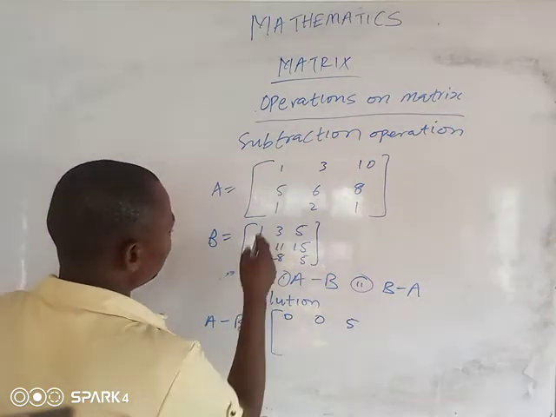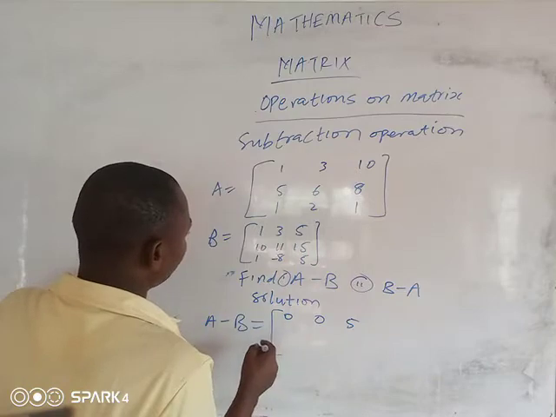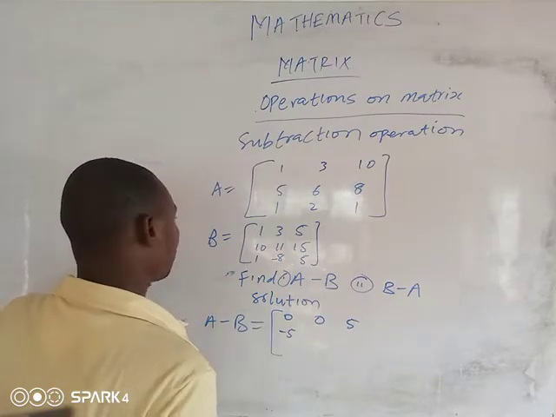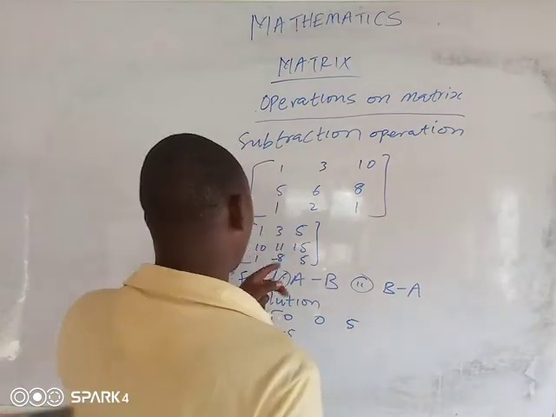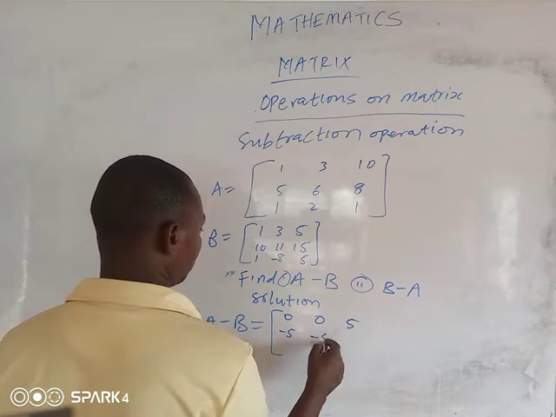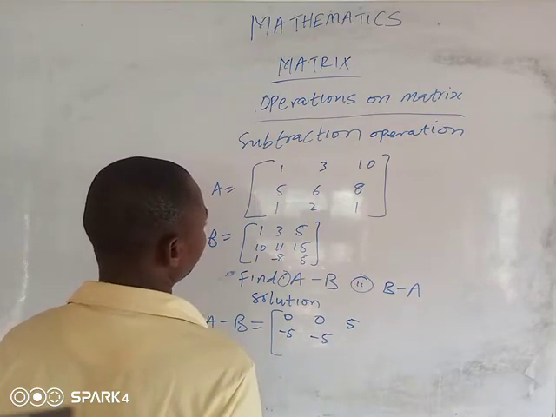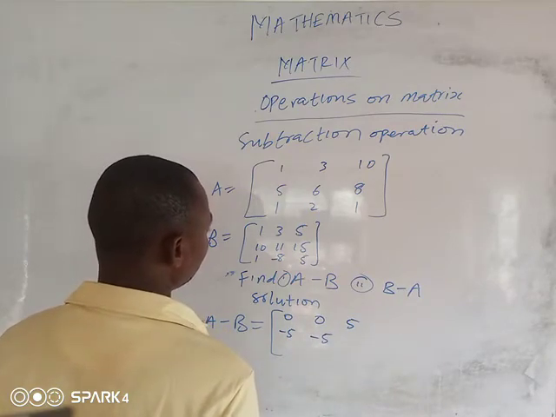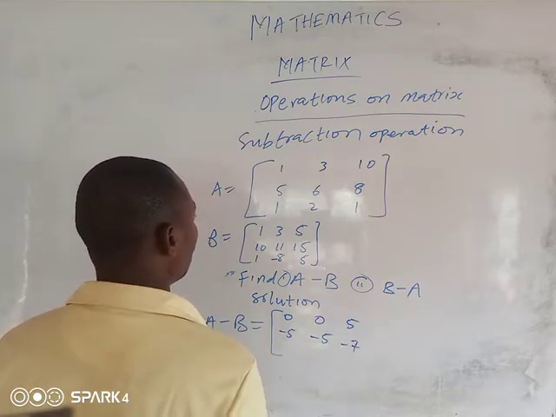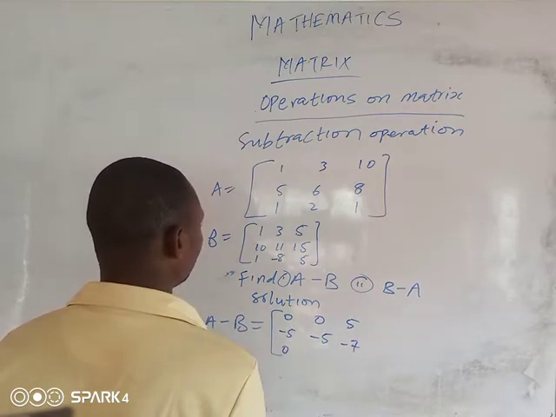Okay, so this 5 minus 10 will give us minus 5. This 6 minus 11, we have minus 5 too. 8 minus 15, we have minus 7. We have 1 minus 1, we have 0.